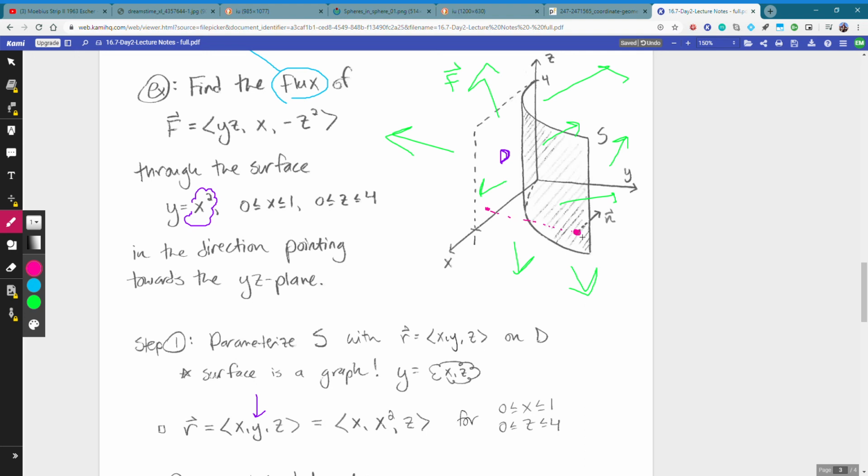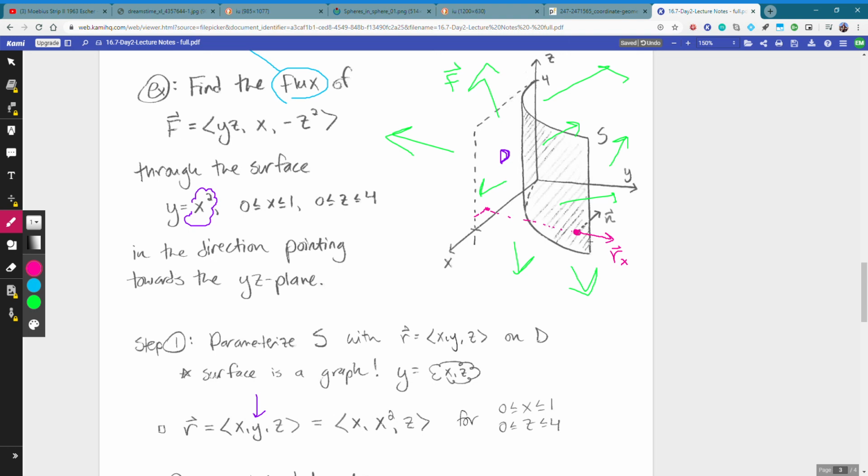Well, if we stayed on our surface while increasing the x parameter, where is that going to move us? That's actually going to be pushing us further out. It's going to be pointing us this way as we kind of want to move up along our curved surface here. And so that's the picture of Rx that we would get at this point.